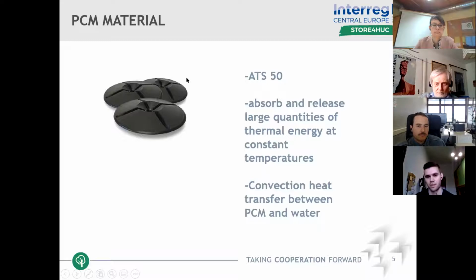One variable is its temperature, and the other is latent energy. So latent energy is energy that is needed for this whole material to change phase from solid to liquid.